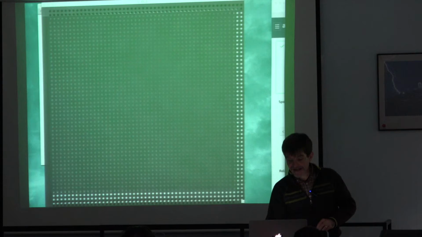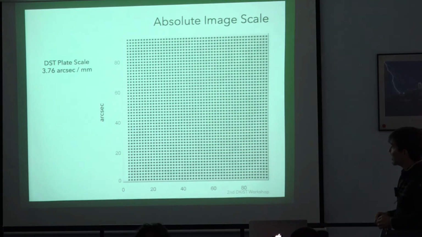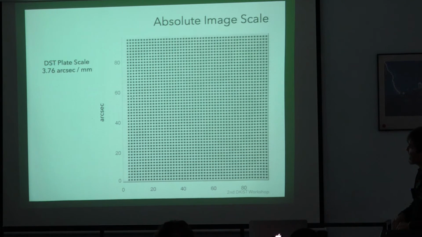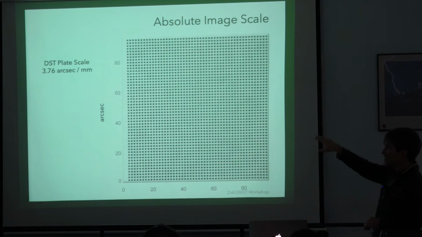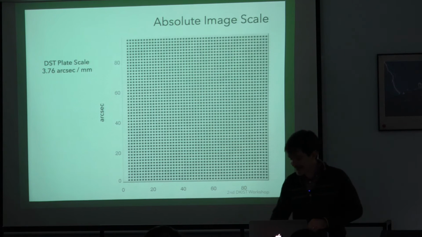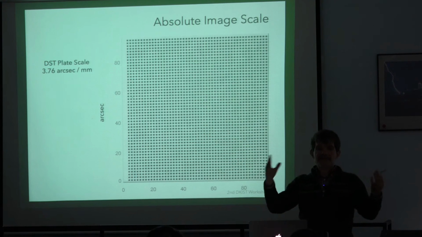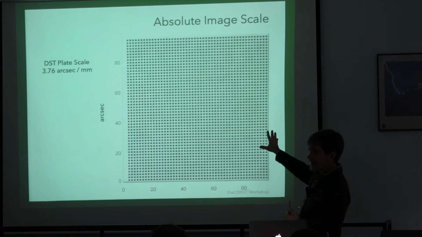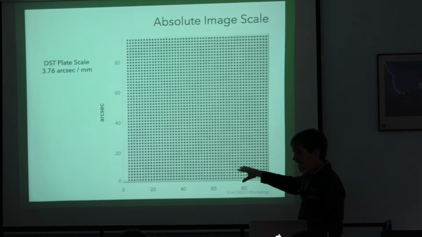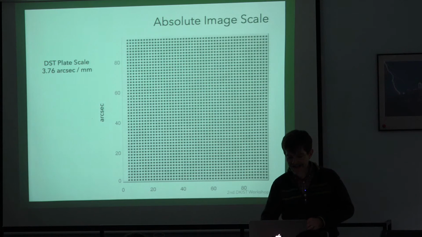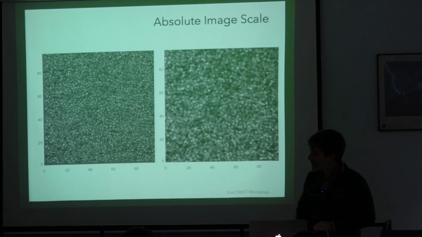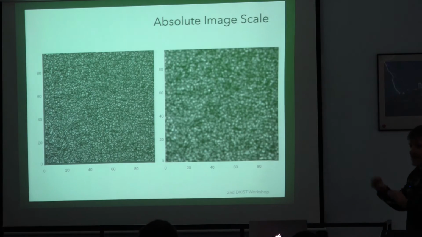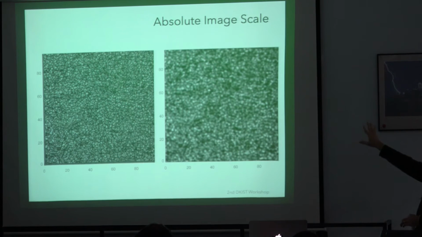Now there is again an external reference we can use here if we want to know exactly what the plate scale is. So this was this canonical value of 3.76, and we can map everything assuming this dot grid was, the Swiss were precise, and this was a 0.5 millimeter, and that's the actual plate scale. But we can also get the absolute image scale, if you like, or a better reference image scale, by doing a mapping to HMI.